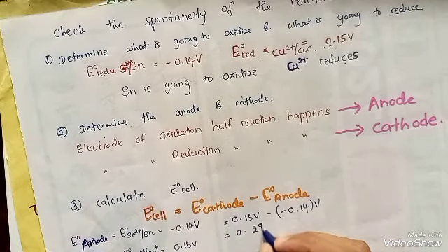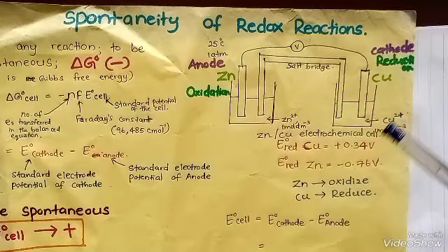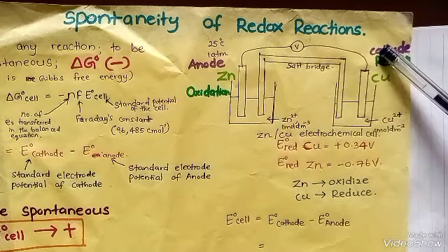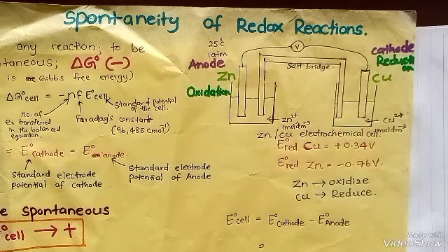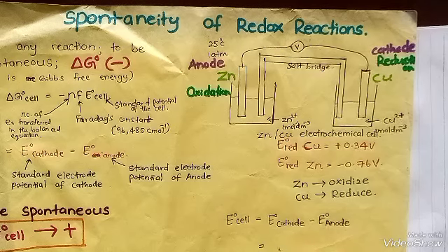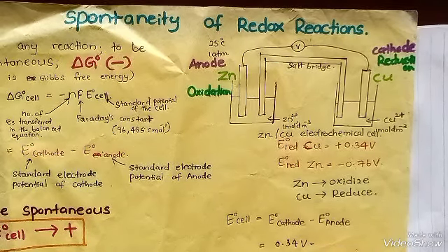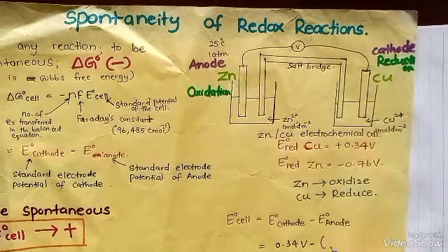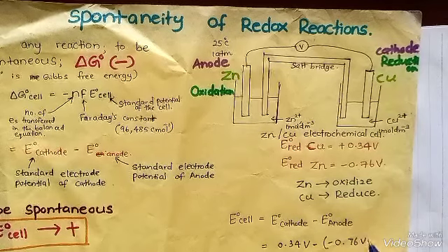Therefore, E naught cell is 0.29 volt. In the zinc copper cell, the cathode is copper, therefore E naught cathode is 0.34 volt, minus E naught anode, which is minus 0.76 volt.